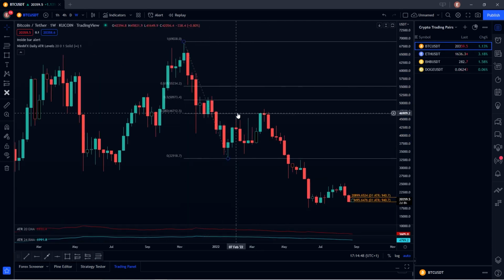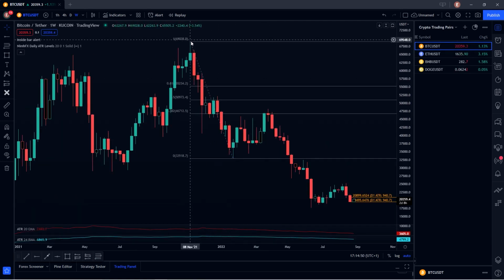Now, what you notice here is that once I draw this Fibonacci from the high to the low, you'll see that we get resistance at the 32% fib. And this is exactly what you're looking for. This is a retracement upwards. So in this case, you're gonna start the Fibonacci from the high to the low. These are the swing points, right?